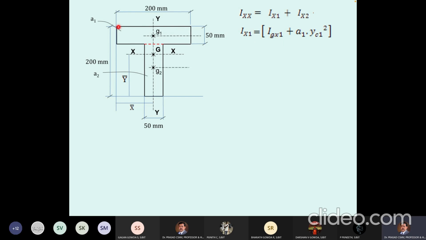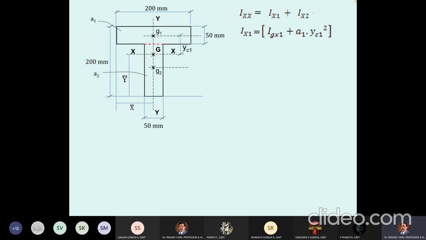Igx1 is nothing but the moment of inertia of rectangle A1 about its own horizontal central axis, which is nothing but BD cube by 12. And A1 is the area A1, which I already calculated. What is YC1? The distance of the center G1 from capital G, or from the XX axis.